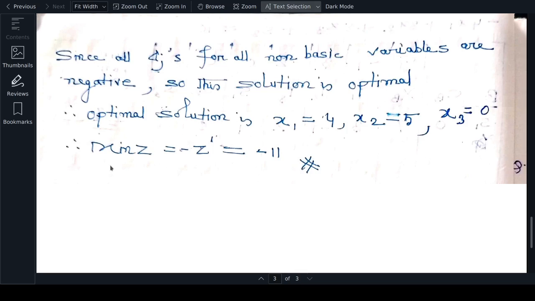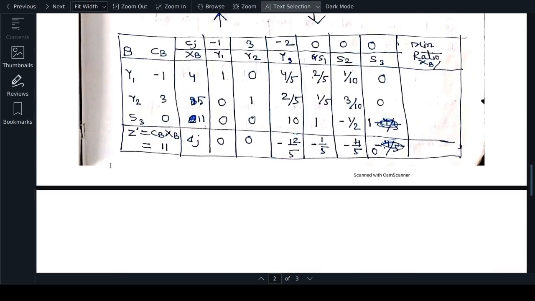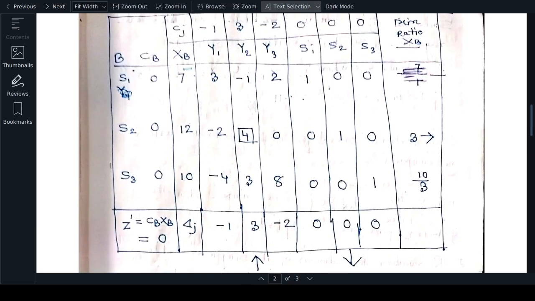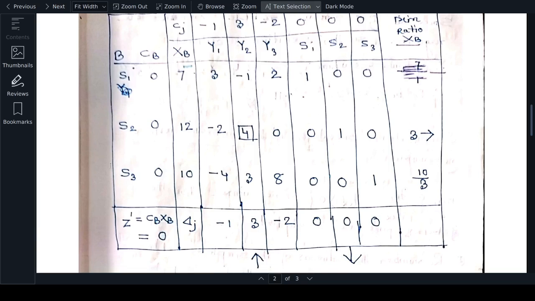Another thing to remember: if the maximum delta j value is tied, then there is no rule or formula; you choose the incoming vector arbitrarily, because the maximum delta j gives us the incoming vector. In the first table, delta j values are -1, 3, -2, 0, 0, 0.